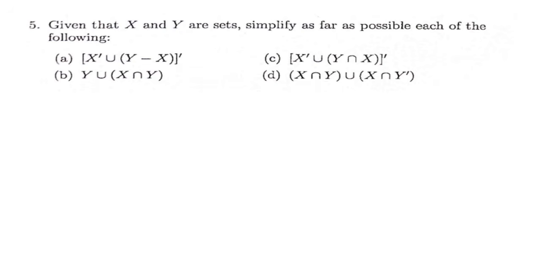So b is the same law again. We have y and we have y, then we have union and intersection. So you're able to see that it's the same absorption law.